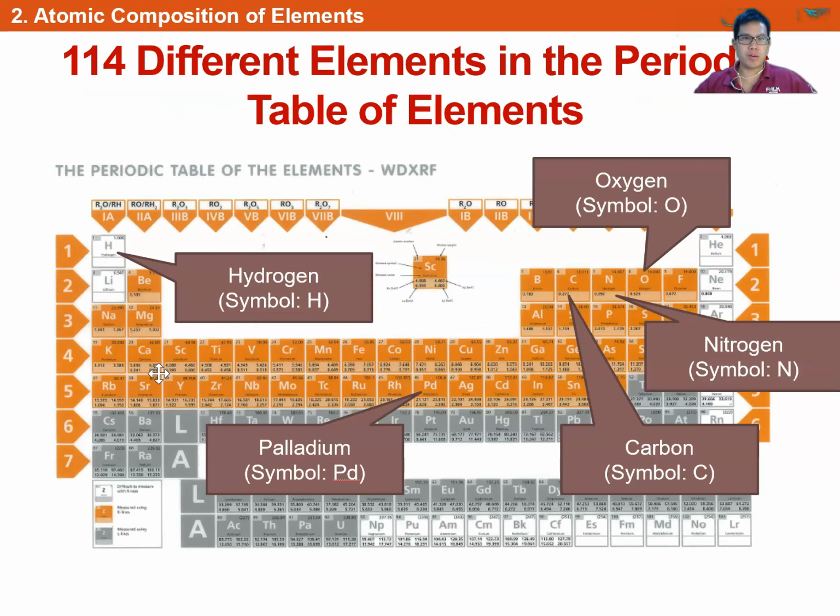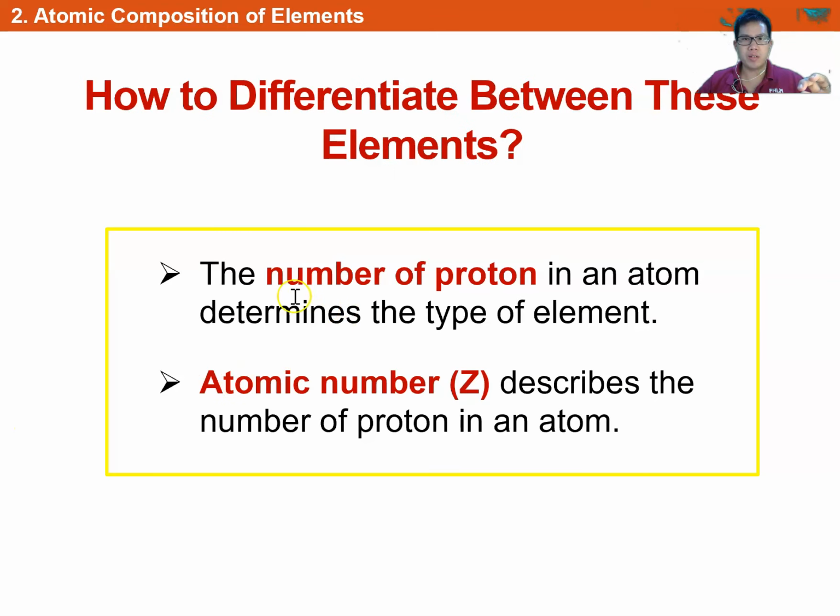I'll go back one slide. You have hydrogen, lithium, sodium, and so forth. How do you differentiate all these? There is one component of the atoms that differentiates them, and the answer is the number of protons. Each of these has a distinct number of protons.